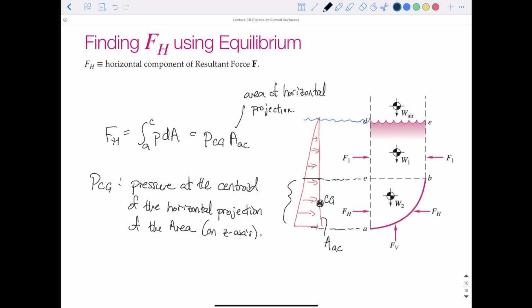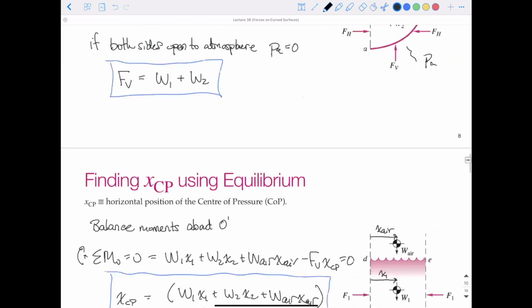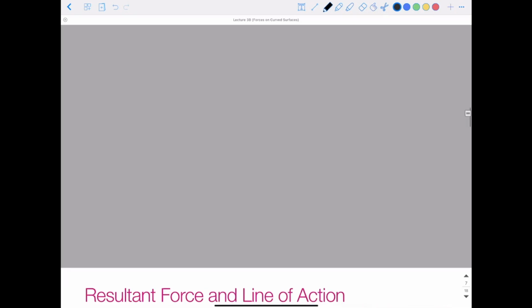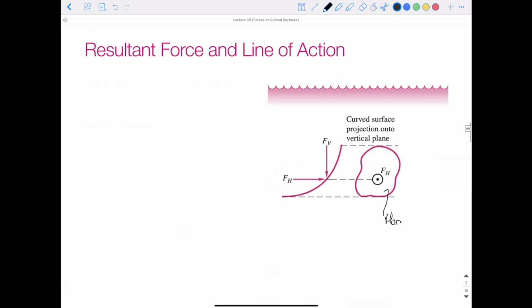I'm not sure how to draw this. Maybe I don't want to make it too confusing. Think back to the diagram we had up above, where we have our horizontal projection. So this is the horizontal component, horizontal projection.